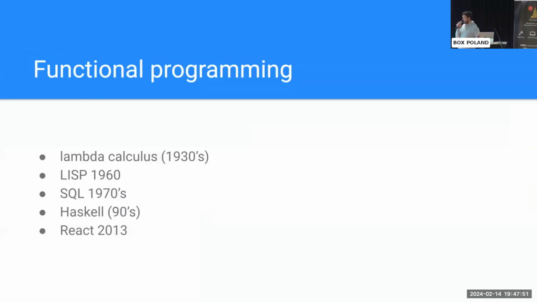Lambda calculus, which is the fundamentals of functional programming, was invented in the 1930s. Then the first language that supported it was invented in 1960. It was Lisp. So it's even older than JavaScript and the web itself.